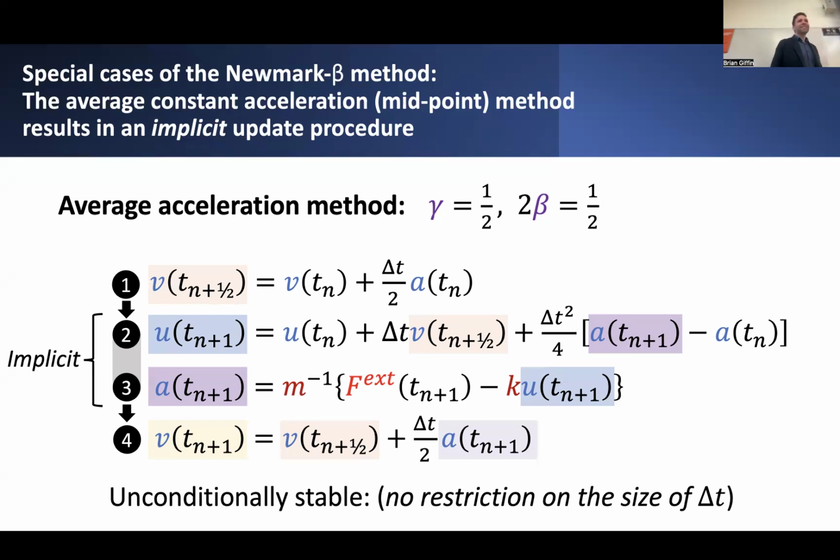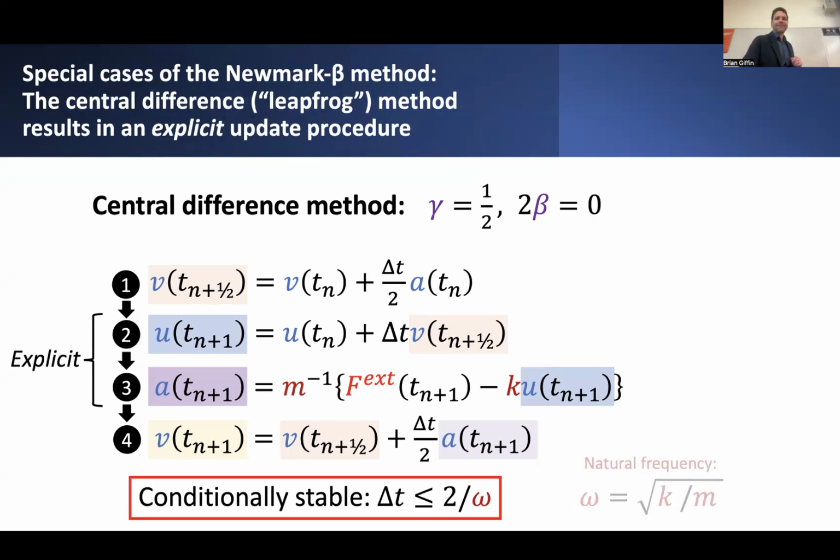Now, it so happens that there is another choice of these parameters that gets around this requirement that we solve steps 2 and 3 simultaneously in an implicit fashion. If you choose gamma equals 1/2, but set 2 beta equals 0, then you find that there is no implicit dependence between steps 2 and 3.